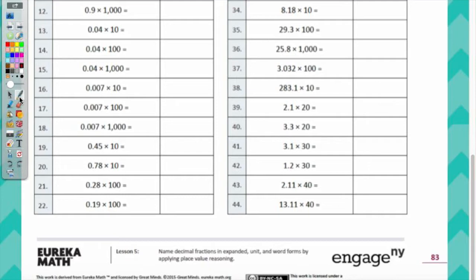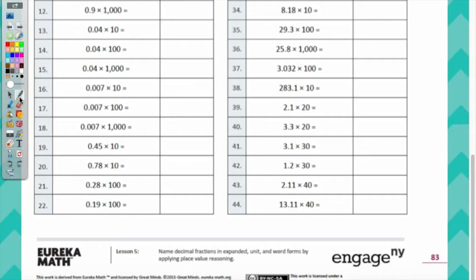So 58.02. 2,708. 81 and 8/10. 2,930. 25,800. 303 and 2/10. So 303.2. And 2,831.